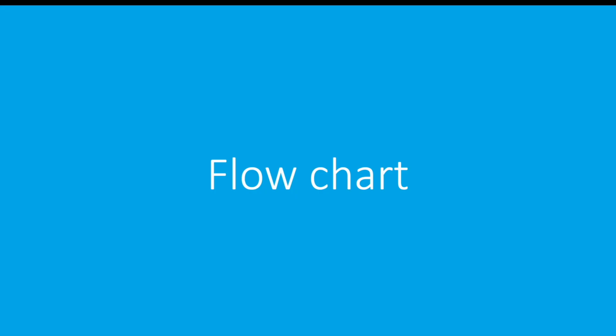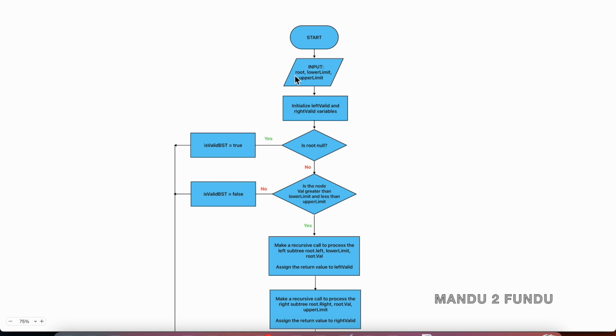Let's look at the flowchart. Input for this procedure is a pointer to the root node and the valid lower limit and upper limit values for that node level.